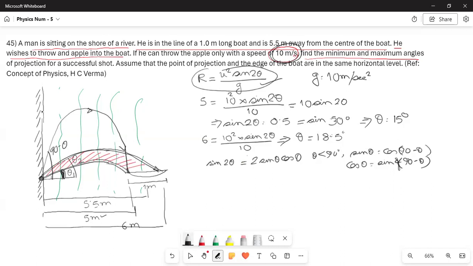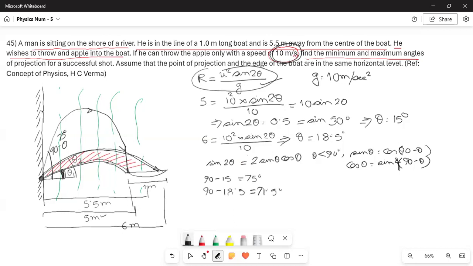And for 15 degree, what is 90 minus theta? 90 minus 15 degree is equal to 75 degree. That means this is 75 degree. And for this case also, it is 90 minus 18.5 degree, which is equal to 71.5 degree.